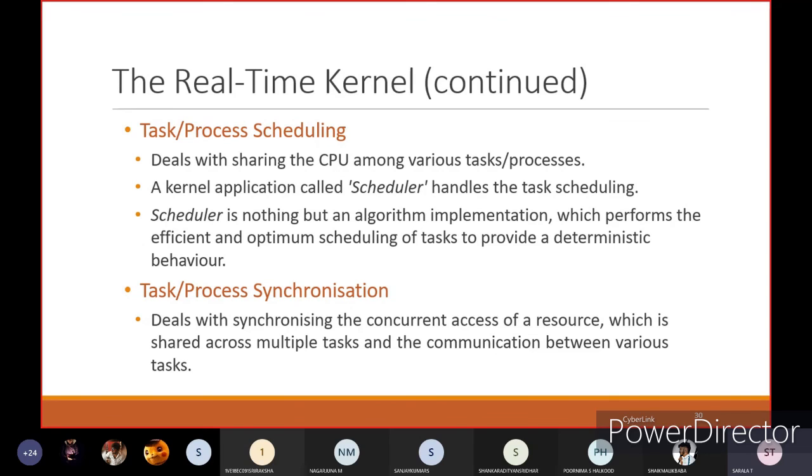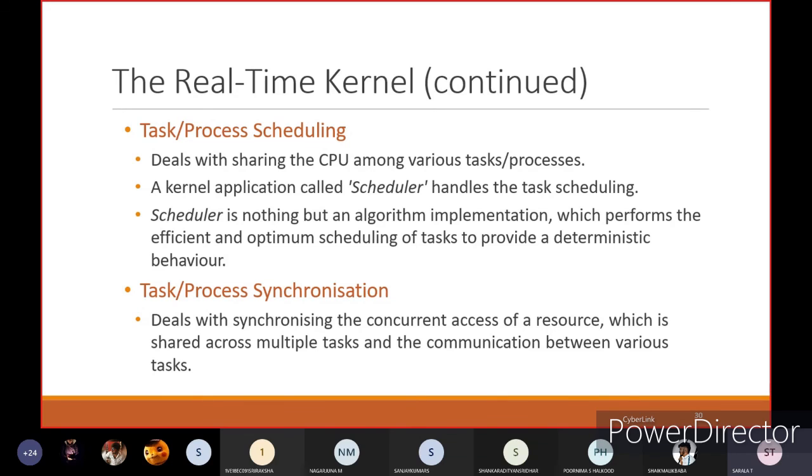Okay. Task or process synchronization deals with synchronizing the concurrent access of the resources which are shared across multiple tasks, and the communication between the various tasks. Whenever we are synchronizing the concurrent access of the resources, say 2 to 3 tasks are accessing in parallel.